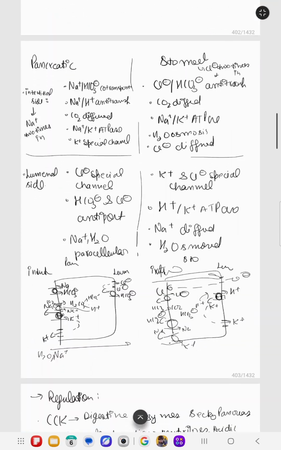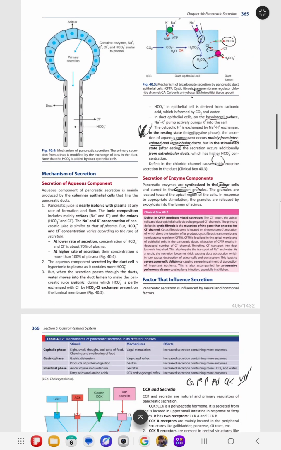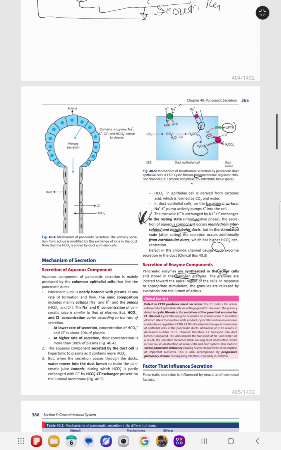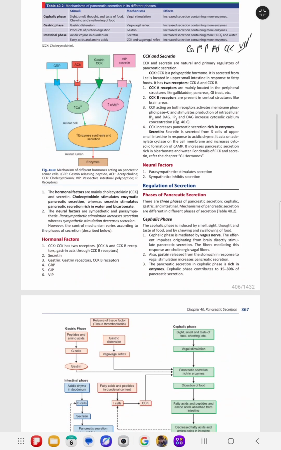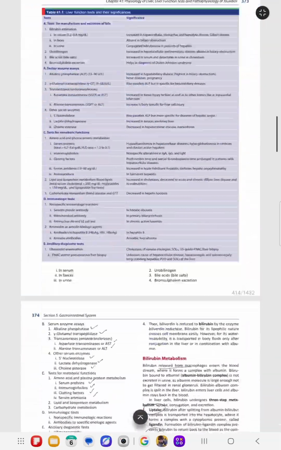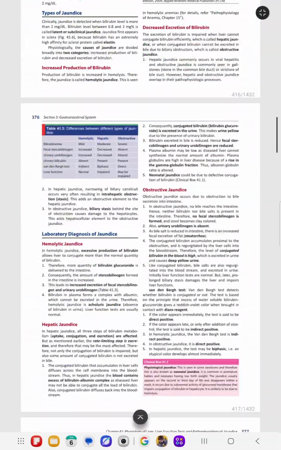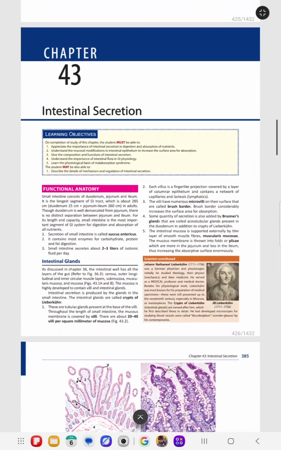Secretion, it doesn't usually come. Let's just see. This liver one doesn't come. Biliary secretion, no, it doesn't.